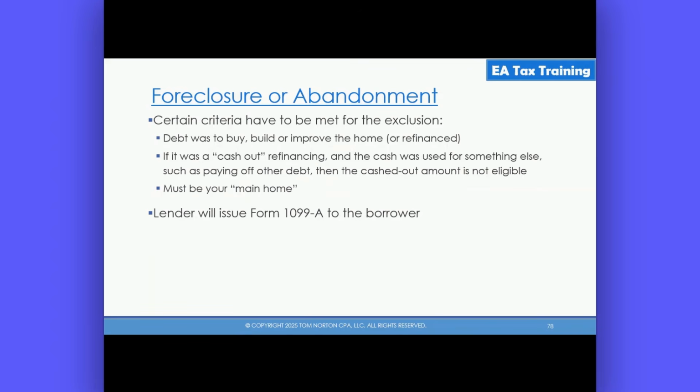And we're going to look at an example of this to explain it in a minute. The other criteria is this did have to be your main home. If this was a second home or a vacation home, then this does not apply. It's not qualified principal residence indebtedness. When you have this situation, the lender will issue a 1099-A to the borrower.